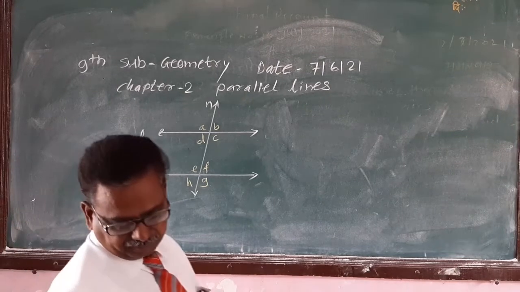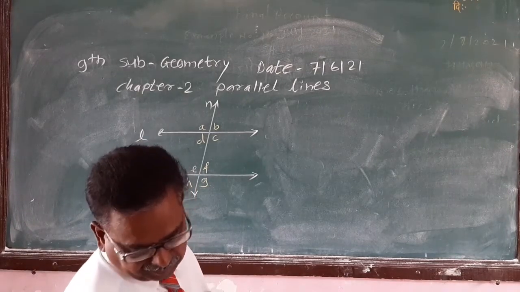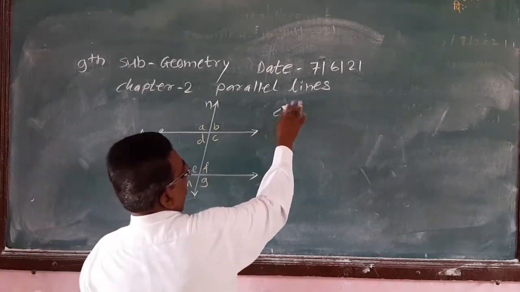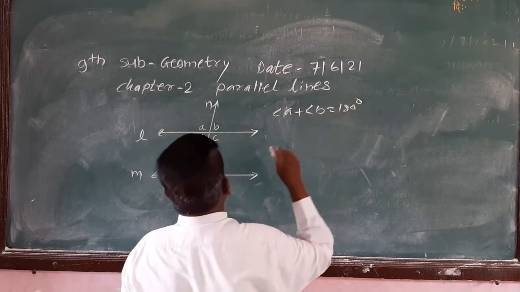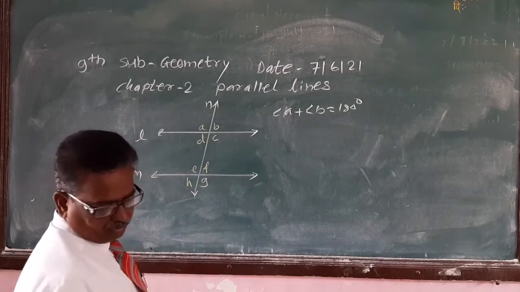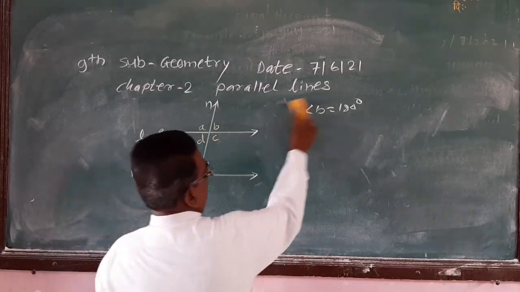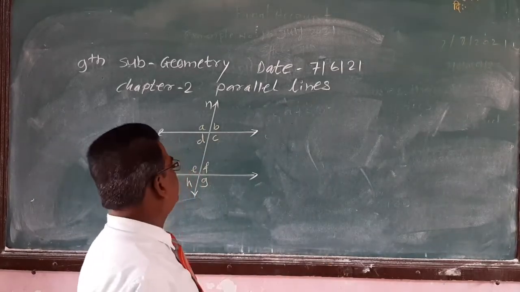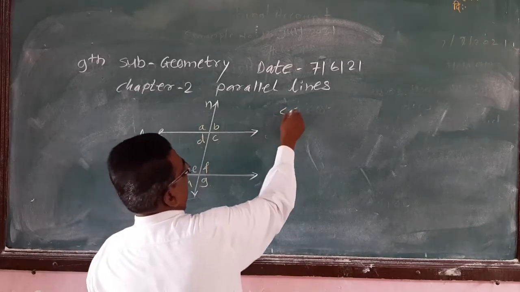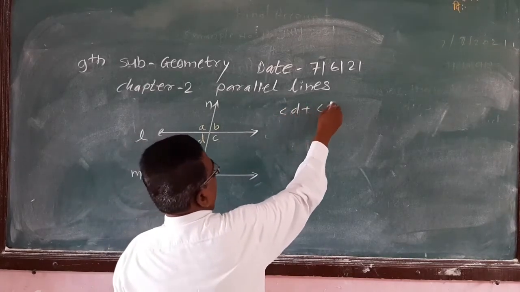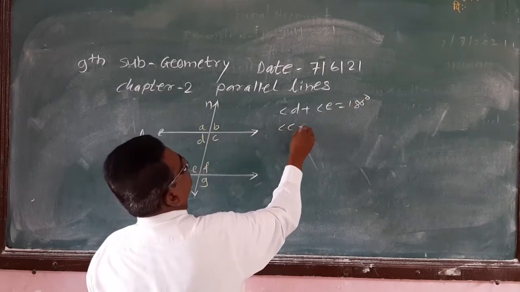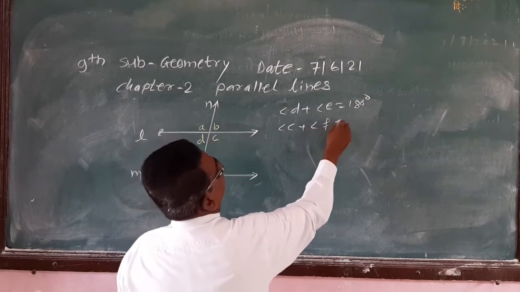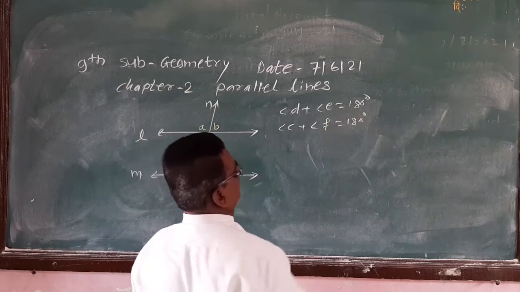Means here angle A plus B is equal to 180 degrees. Here a pair of interior angles is D, E. Angle D plus angle E is equal to 180 degrees. Angle C plus angle F is equal to 180 degrees.